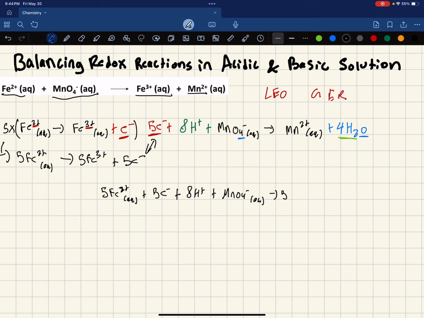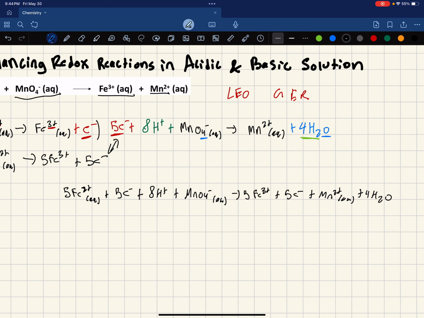We have 5 iron 3 plus, 5 electrons, plus cation of manganese, plus 4 H2O. This looks like a lot, but there's some stuff we can cancel out. You see here the electrons. That's why we balanced it earlier. We can get rid of it like that. And yeah, now we are done. I'll just write it like this, to make it more clear. And once you're done with this, now we're done.